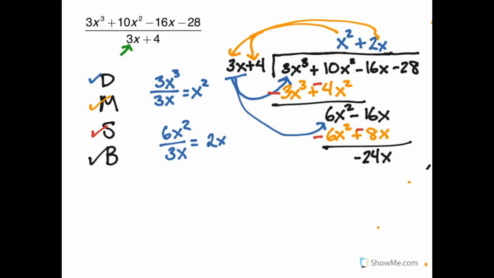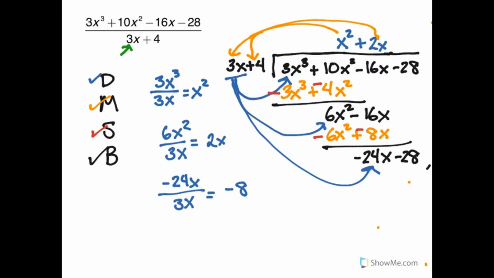I can bring down the negative 28, and I'm on my last division. 3x goes into negative 24x. So negative 24x divided by 3x is negative 8. I write negative 8 in the number column that has no variable, and I multiply again.